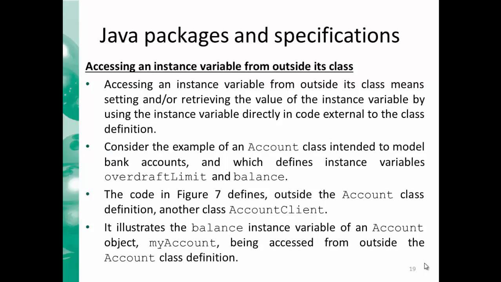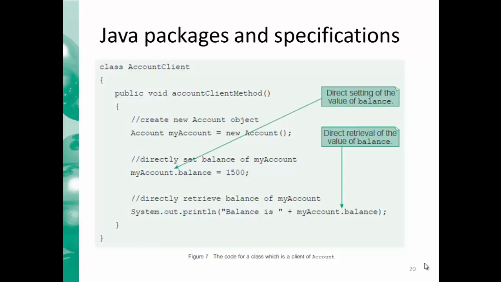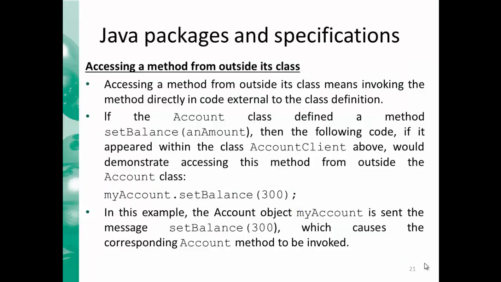Here is an example of class Account, and in this code you find that the members, and particularly in this case the balance attribute, are accessed directly from other objects, and this is what we are trying to avoid using what we call access specifiers.